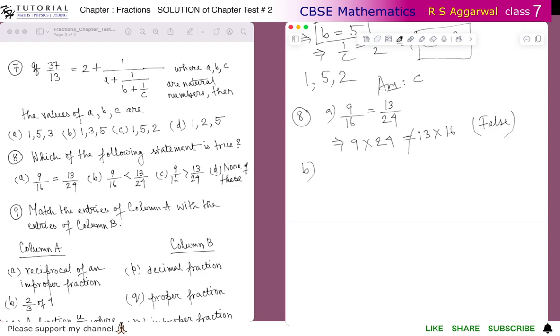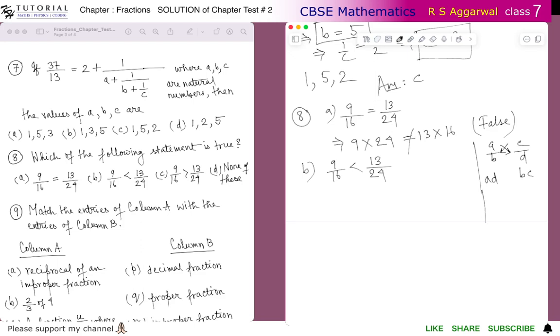B. What does B say? 9 by 16 is less than 13 by 24. You can do this in two ways. To compare two fractions, you can do the cross product and compare the values of AD and BC.